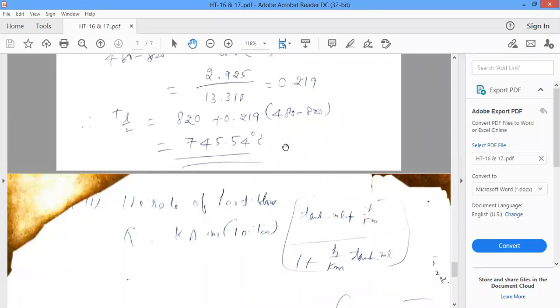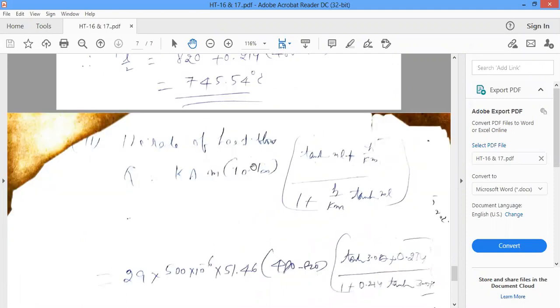Once you calculate the temperature, then how do you calculate the heat transfer rate, the rate of heat flow through the fin?